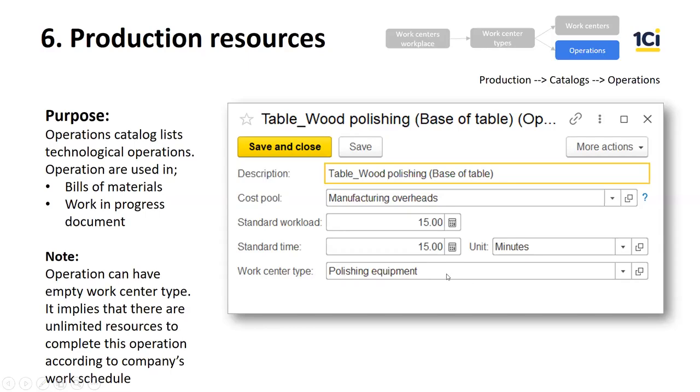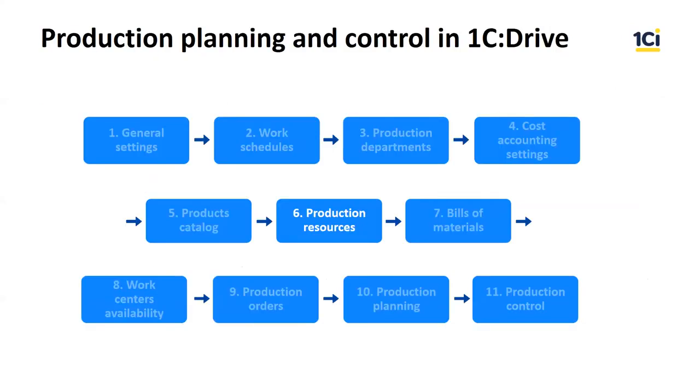This means that we suggest the company has enough resources to complete this operation at any time, in any place. So we do not need to plan and assign this operation to any particular work center. In this case, the company work schedule will be applied to plan this kind of operation.